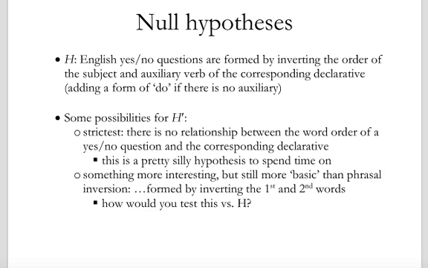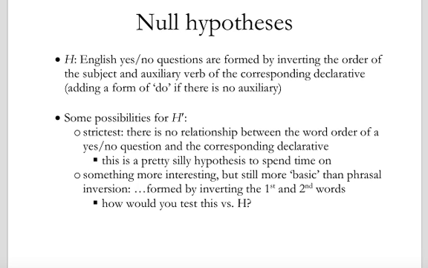Here's a couple possibilities for things that you might actually want to ask here. The strictest one: there's no relationship between the word order of a yes/no question and the corresponding declarative. That's the null hypothesis, but it's a really silly hypothesis to spend time on because anybody who knows English knows that that's not true. And it's just not a helpful thing to try to investigate.